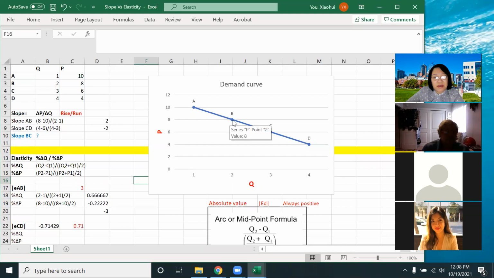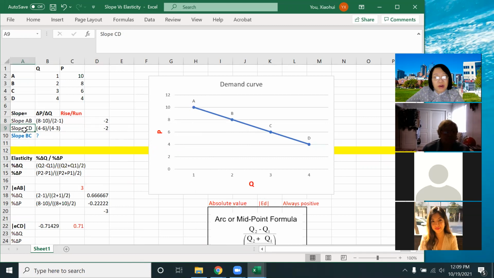So delta P is this change. Delta P is 8 minus 10. That's the numerator. And the denominator will be, see here, the change on Q, 2 minus 1. And then the slope AB will be negative 2.